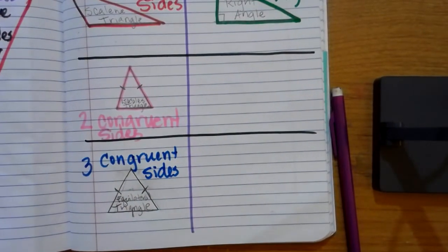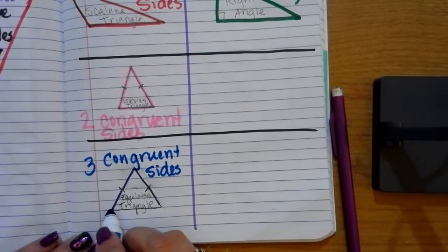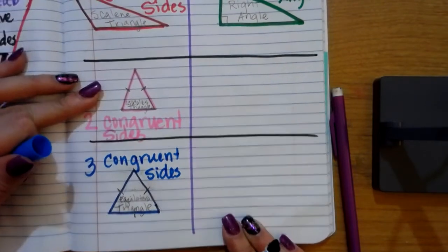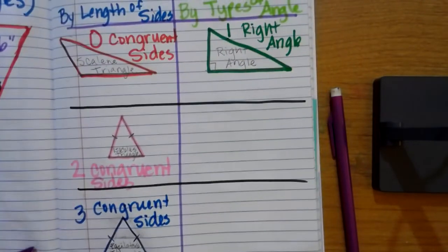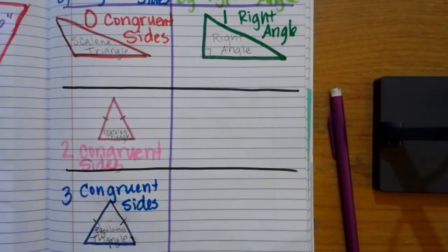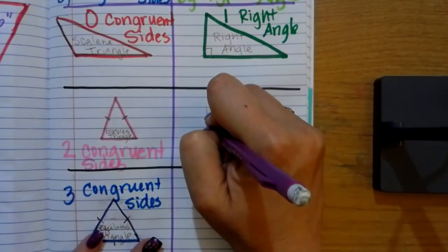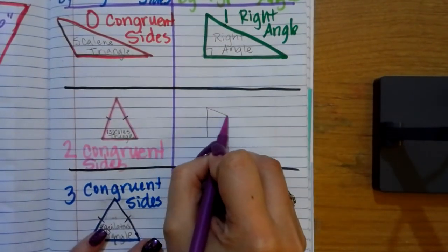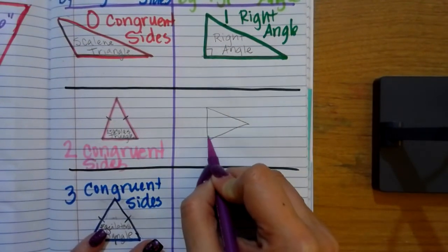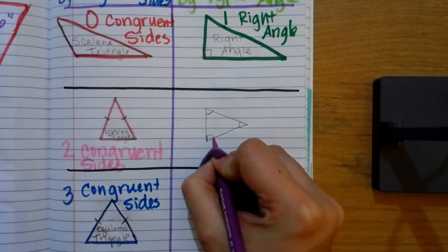Okay, so you are one of these 3 if you are a triangle. You are either scalene, you are isosceles, or you are equilateral. You are also a right angle, or these all look small, huh?